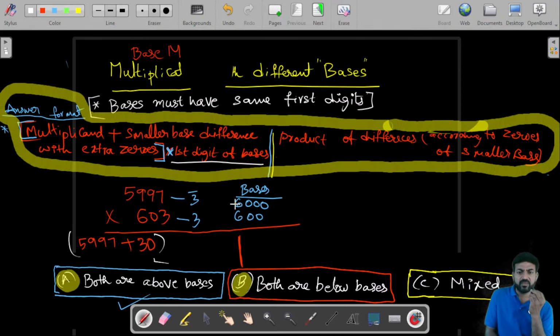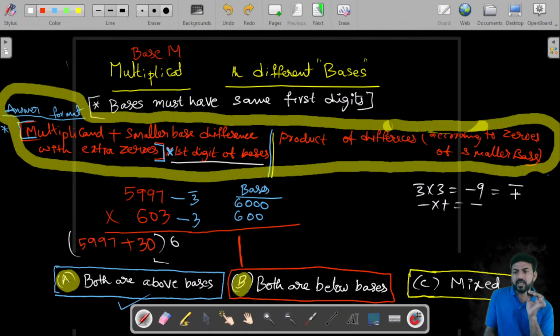What is the first digit of the base? 6 is the first digit of the base. And the second part is the product of differences, according to the zeros of the smaller number. What is the product of differences? 3 3s are 9. Remember, minus 3 into 3, that means a minus number into a plus number gives a negative answer. That is minus 9. We call it bar 9 in our Vedic maths.